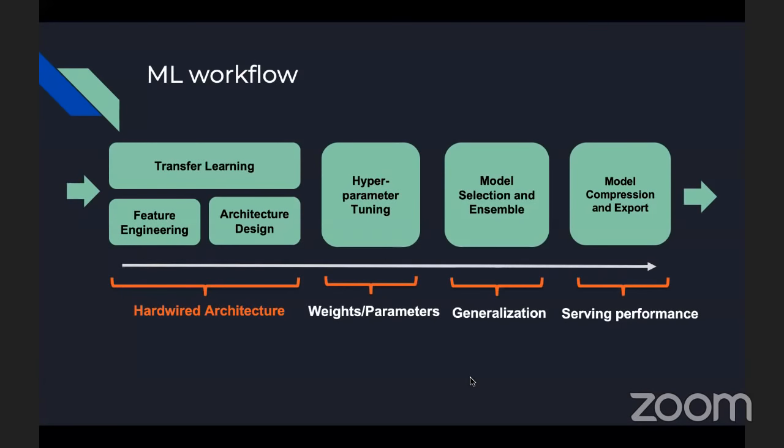Firstly, let's take a look at the machine learning workflow in general. The first stage of the machine learning workflow is what I call hardwired architecture design. Basically, what we do about feature engineering or architecture design, for example, how to design the ConvNet to make a vision task work, falls in this bucket.